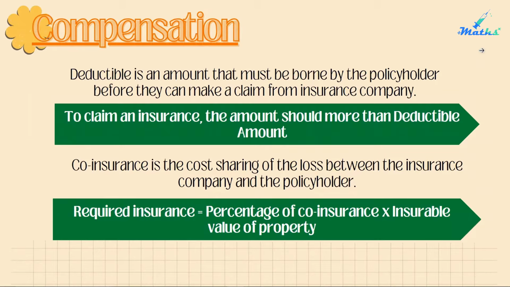Co-insurance is the cost sharing of the loss between the insurance company and the policyholder. So the co-insurance is used to calculate the required insurance. The calculation of required insurance is the percentage of co-insurance times the insurable value of the property.